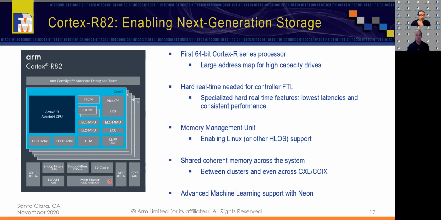So you can build up a more sophisticated system with additional Cortex-A cores. You can even have coherency between other clusters or even across CXL or CCIX. And the R82 contains the Neon SIMD instructions to accelerate machine learning workloads. And machine learning is a great use for computational storage.